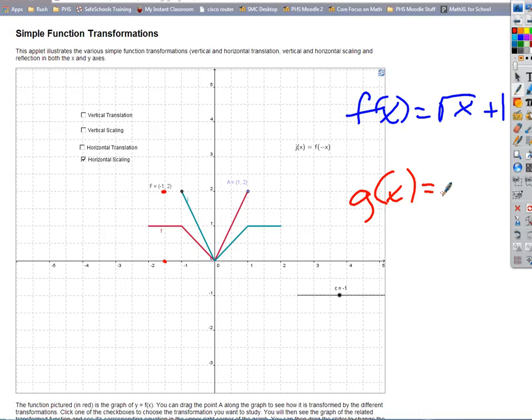What are you going to do? Square root of -x plus 1. Good. Square root of -x, and then outside give you the +1, right?